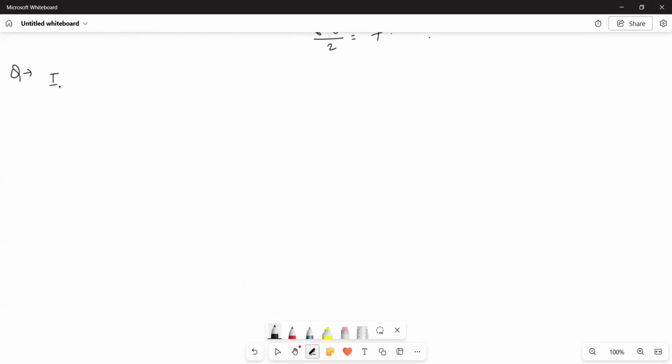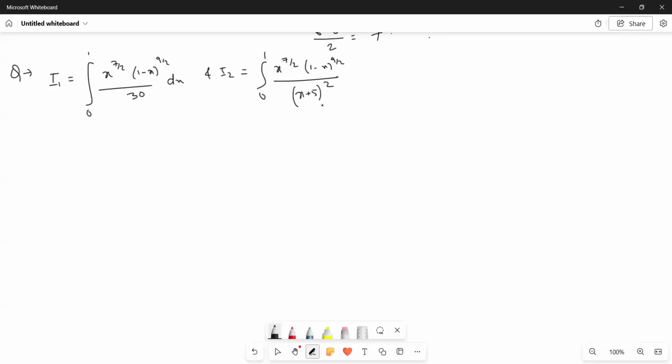Okay, next question. If I1 is integral 0 to 1 x to the power 7 by 2 into 1 minus x to the power 9 by 2 divided by 30 dx, and I2 is integral 0 to 1 x to the power 7 by 2 into 1 minus x to the power 9 by 2 whole divided by x plus 5 whole square whole to the power 10, sorry, whole to the power 10 dx, such that I1 by I2 is equal to 5a cube into root a, where a belongs to natural numbers.